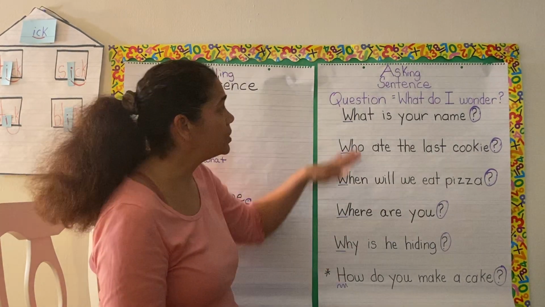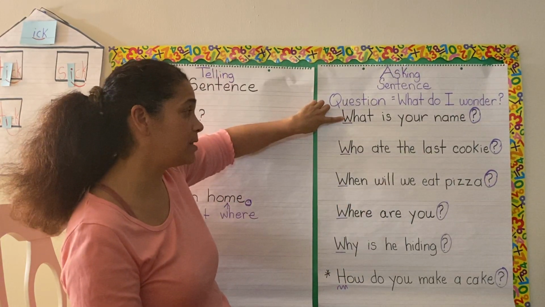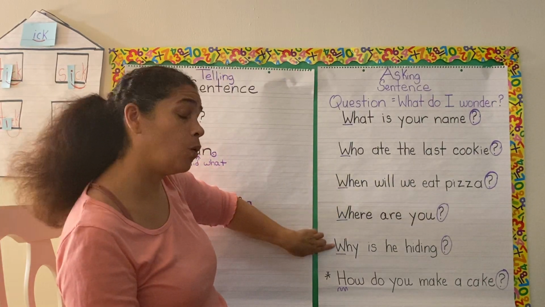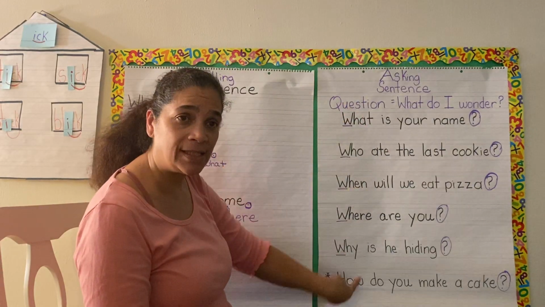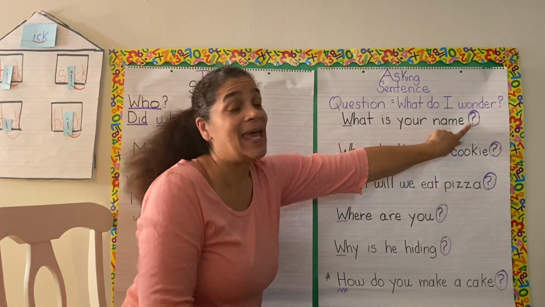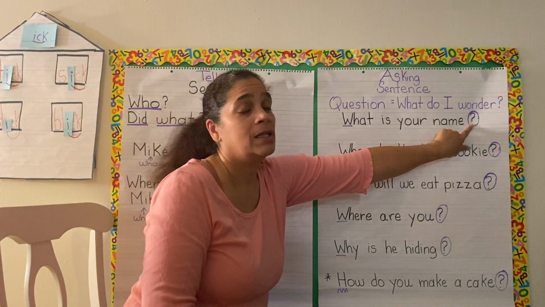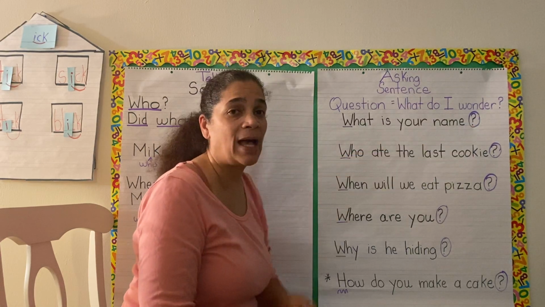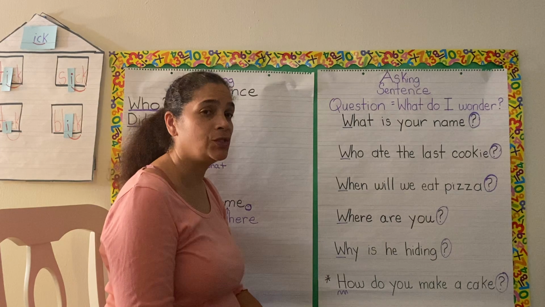How? So as you can see, our question words are what, who, when, where, why, how. When we're writing a question sentence, we want to end our sentence with a punctuation mark that is called a question mark. And that will tell the reader that we're asking them a question.